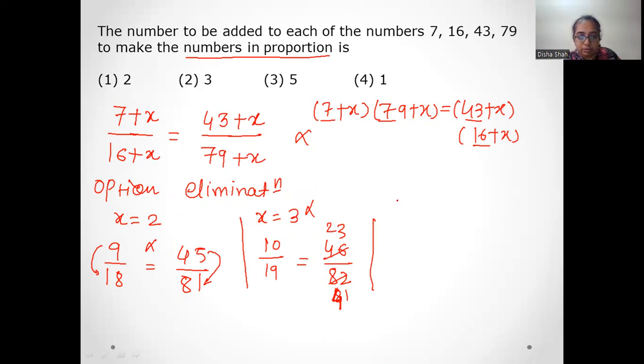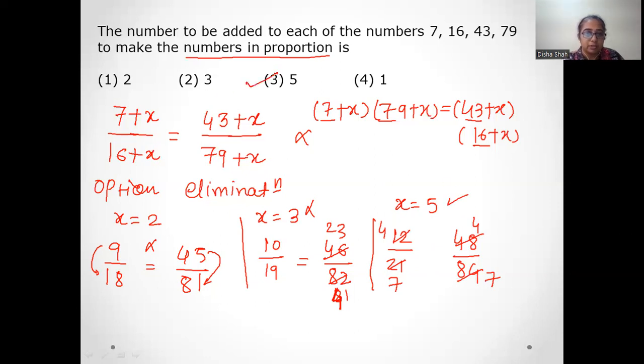We'll put x is equal to 5, this will become 7 plus 5 12, 16 plus 5 21, 43 plus 5 48 and 79 plus 5 84. अभी देखते हैं क्या ये प्रोपोर्शन में है. So this will become 4 and this is 7, 12 4s are 48, 12 7s are 84. 4 by 7 means this is the correct answer. Such type of problem you can solve using option elimination.